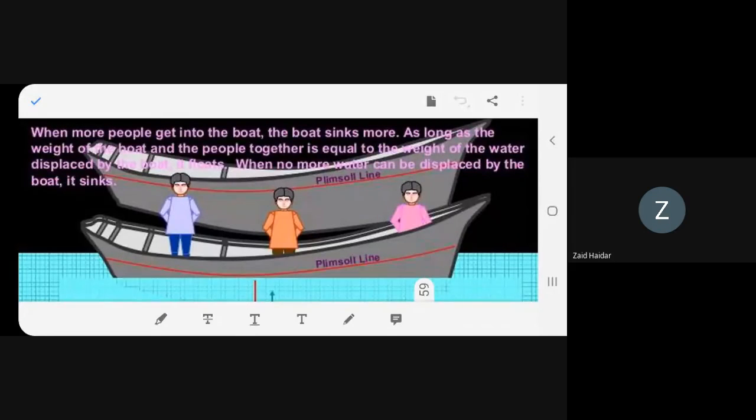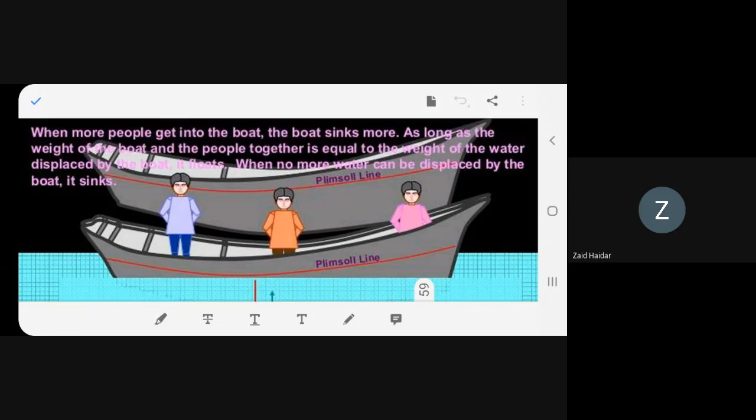This is what happens: when people get into the boat, it starts sinking because the weight of the people is adding to the weight of the boat. You agree? So till the weight of the boat and the people together is equal to the weight of the water displaced, nothing will happen.